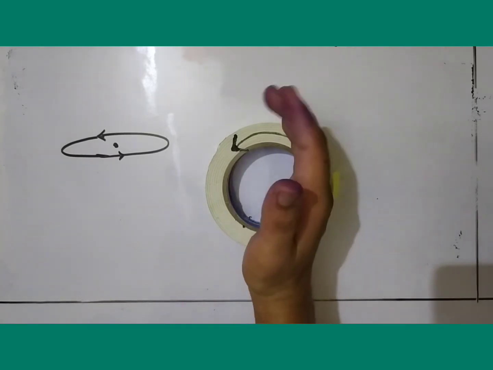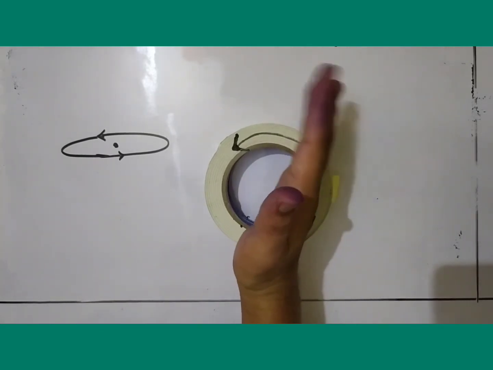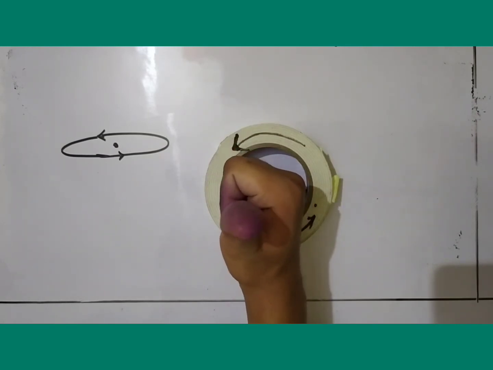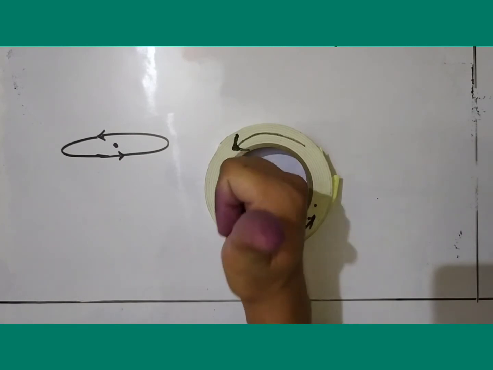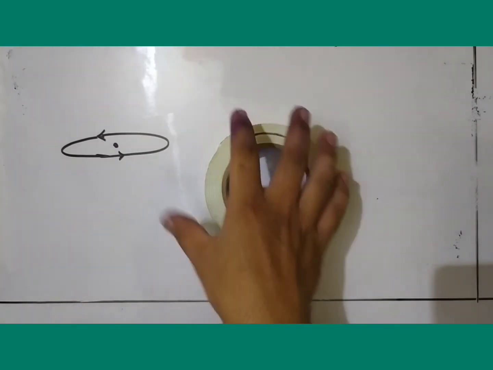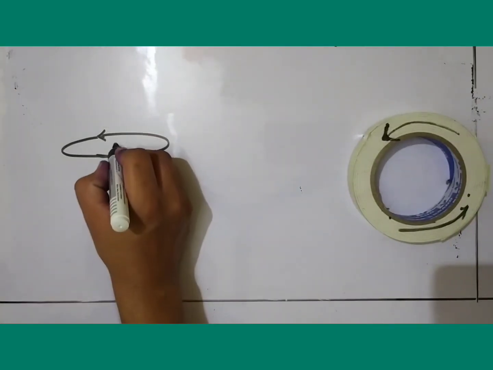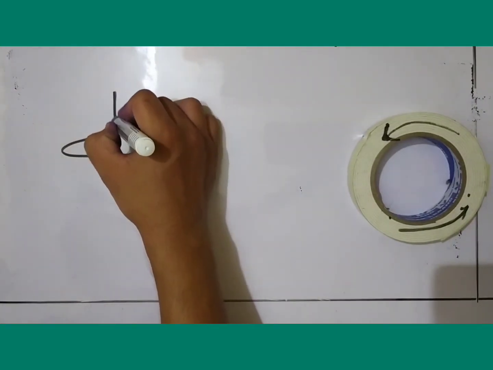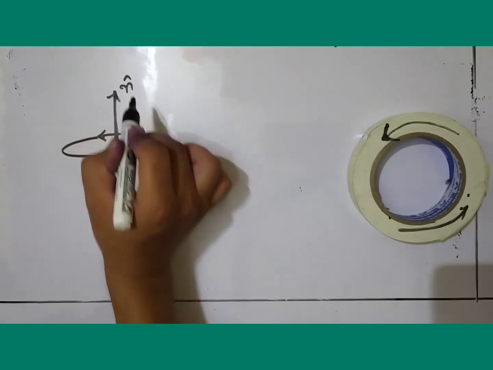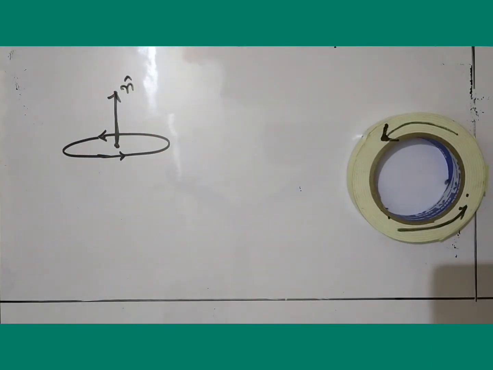When we curl our fingers along the direction of the current, the direction of the thumb is also perpendicular to the loop, so it will represent the direction of the magnetic moment and the area vector. So we can write that this vector, n cap, represents the direction of the magnetic moment.